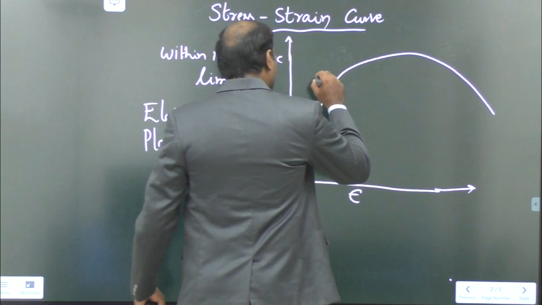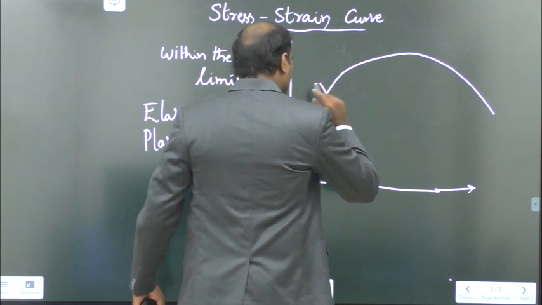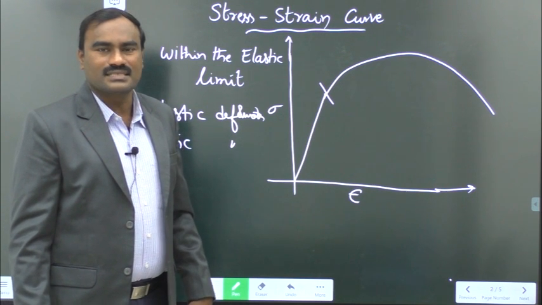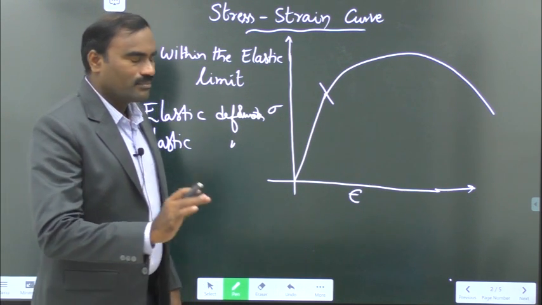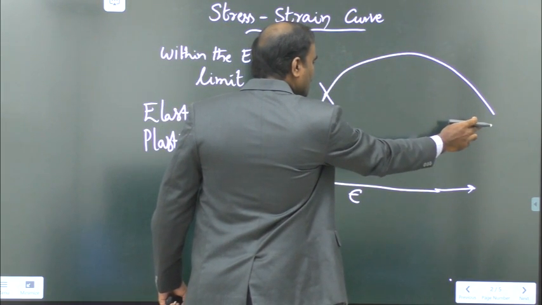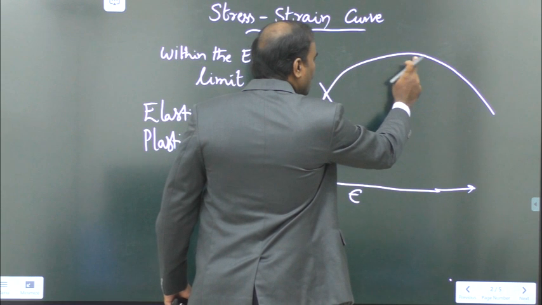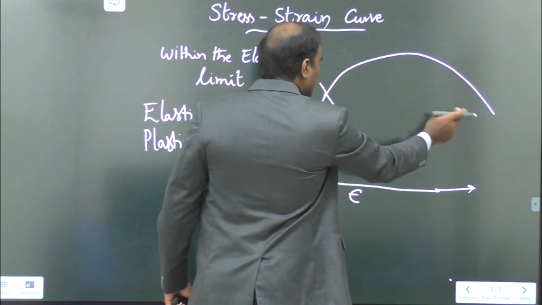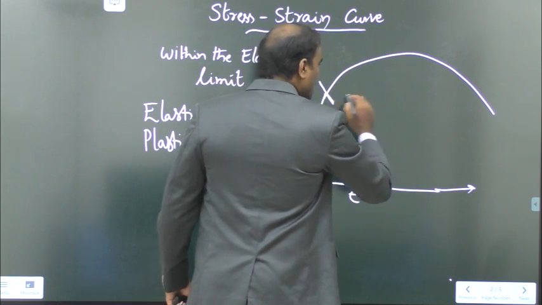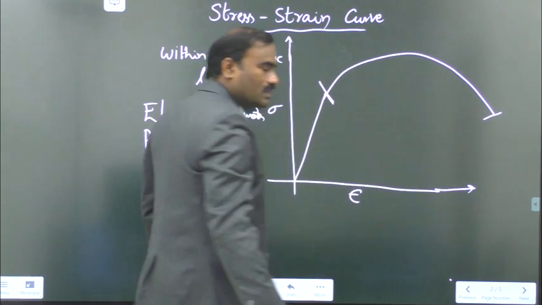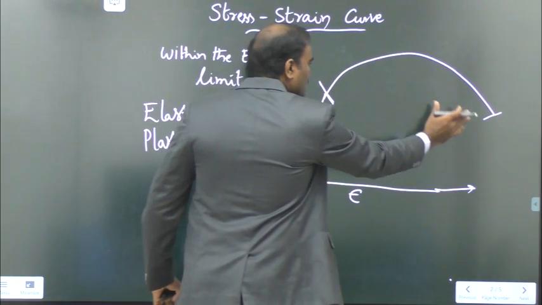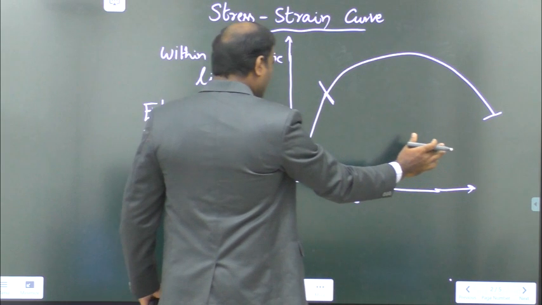In the previous discussion we have seen only up to here, that is within the elastic limit. But beyond the elastic limit, the curve will be like this. That means Hooke's law is not applicable; stress is not directly proportional to strain from here to here. So now let us see what happens in this region of plastic deformation.